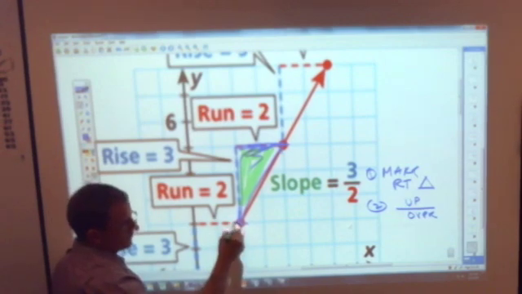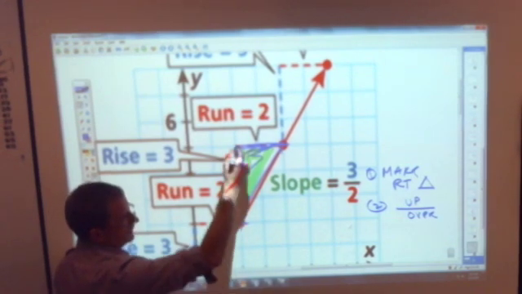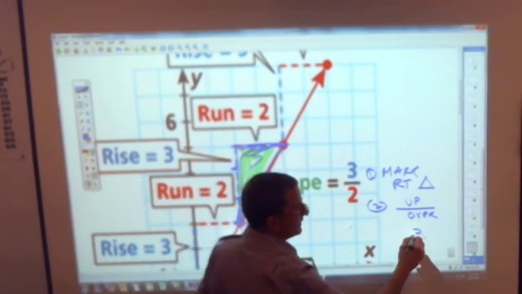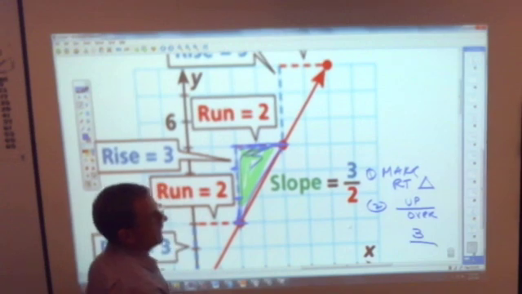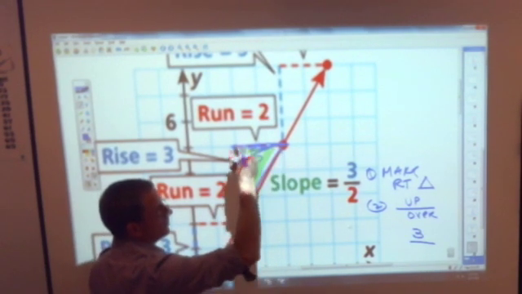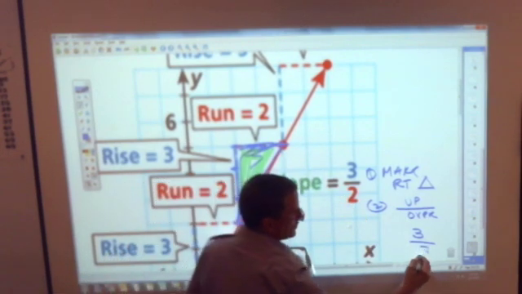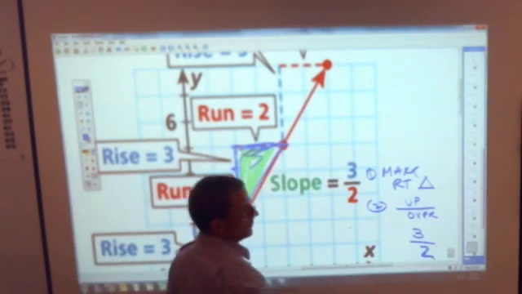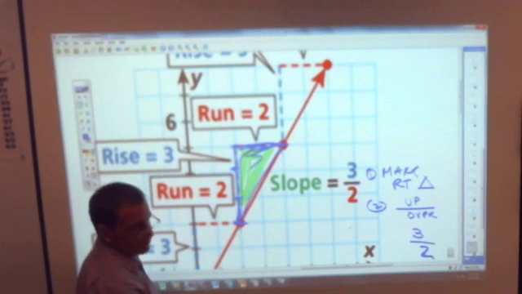How far does it go up? From here to here is how far up? 1, 2, 3. It has a rise of 3. How far over does the triangle go? 1, 2. The slope of this triangle is 3/2.